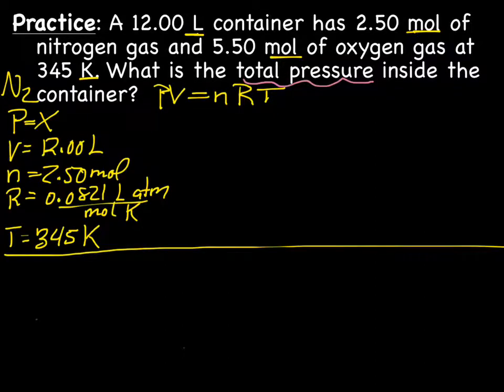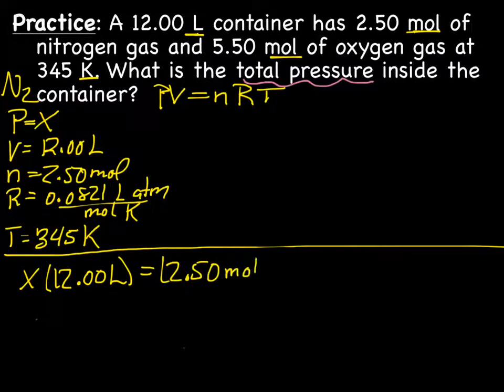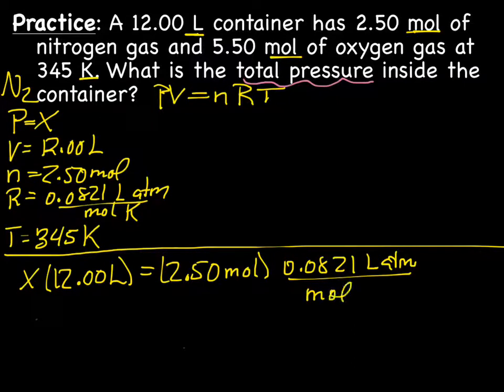Okay, let's plug this stuff into the ideal gas law and see what we get. So we have P times V equals n, the n for nitrogen, times R times T. All right, and first thing we can do is cross out any units that we can.